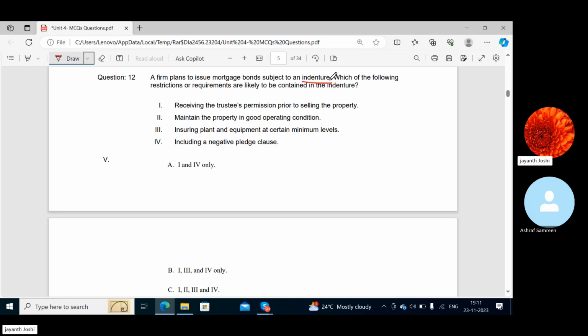That's the document which has all the details. Which of the following restrictions or requirements are likely to be contained in the indenture? Receiving the trustee's permission prior to selling the property. This will be a very valid condition. Why? Because it's a mortgage bond, right? Asset backed security.